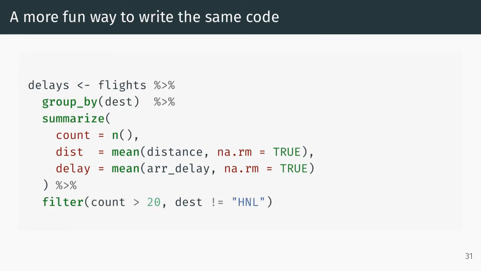Another way to do things is through a pipeline. In this pipeline, we end up with delays. We start with flights. We pipe from flights to group by, from group by to summarize, and from summarize to filter.